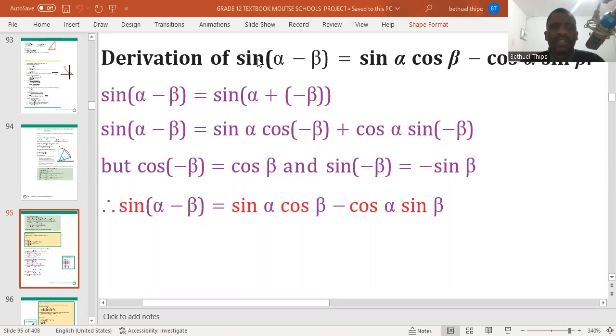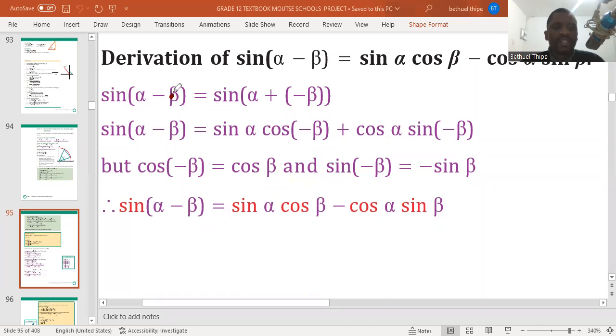So this time we are given sine of alpha minus beta, and we're required to derive. Whenever we're required to derive, we first start with the left side so that we can show the right side.